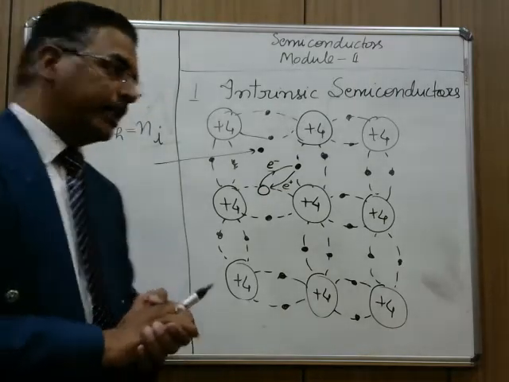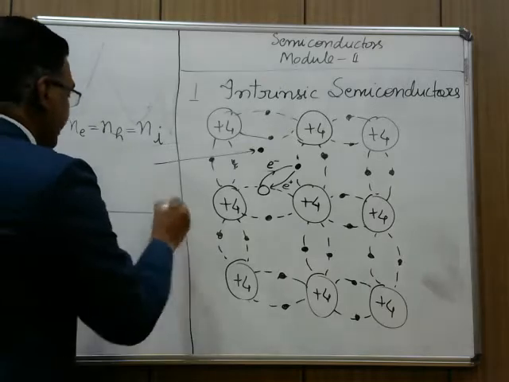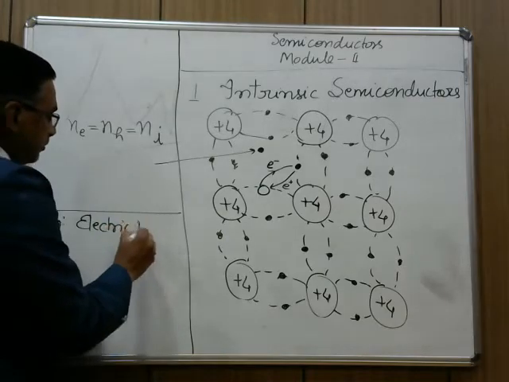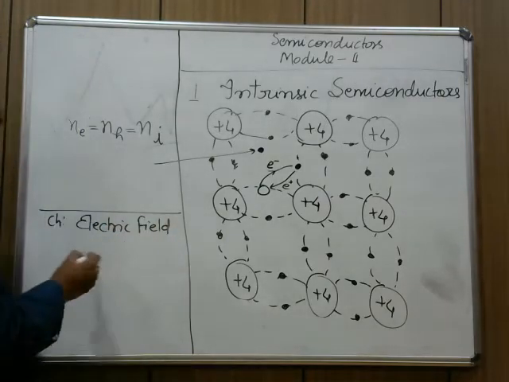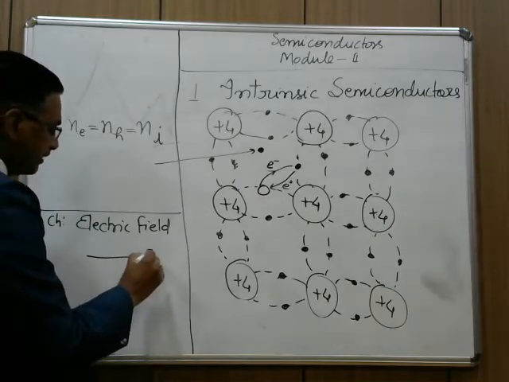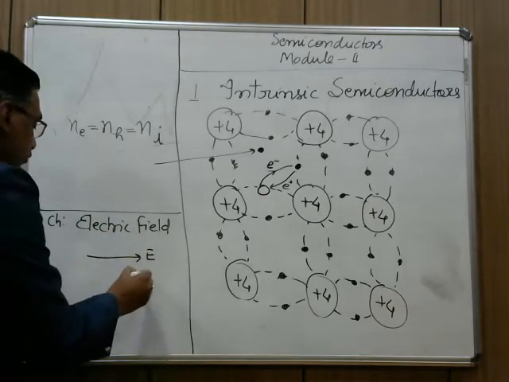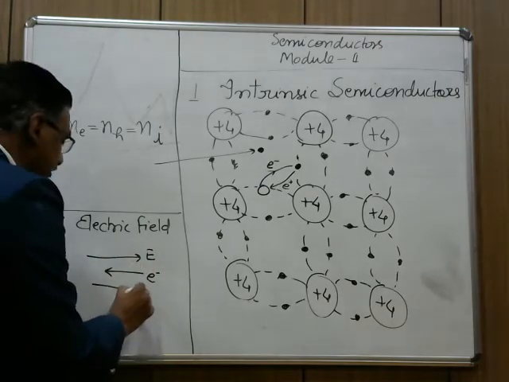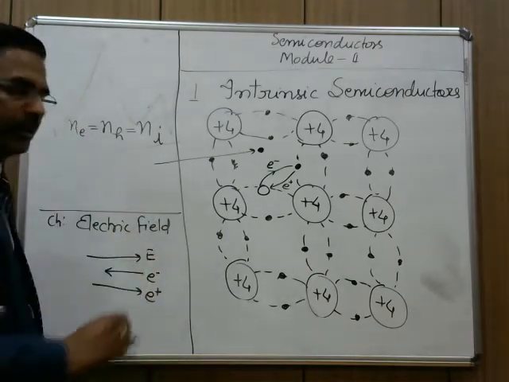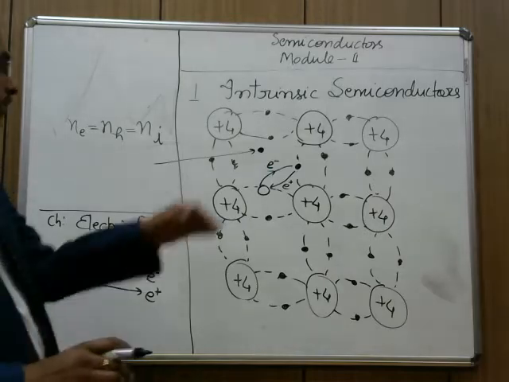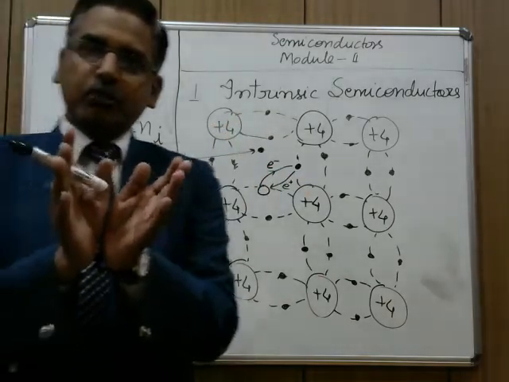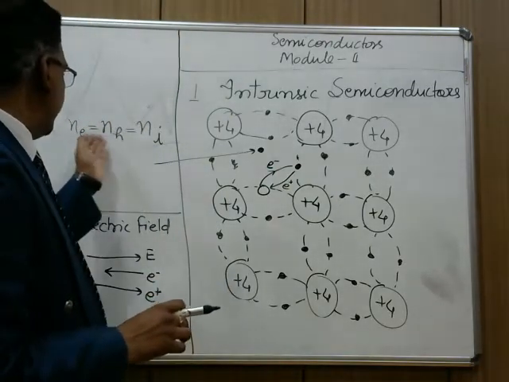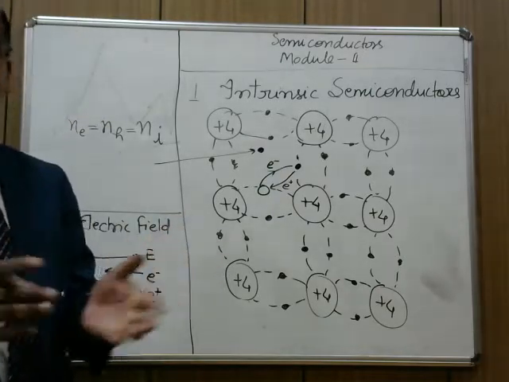Now, when an electric field is applied, as you must have learned in the chapter on electric field, suppose this is the direction of the electric field. Then the electron will move in the direction opposite to the electric field, and the positive charge, that is the hole, will move in the direction of the electric field. So when there is no applied electric field, the number of electrons and holes are equal, there is no net displacement, and no current flows.